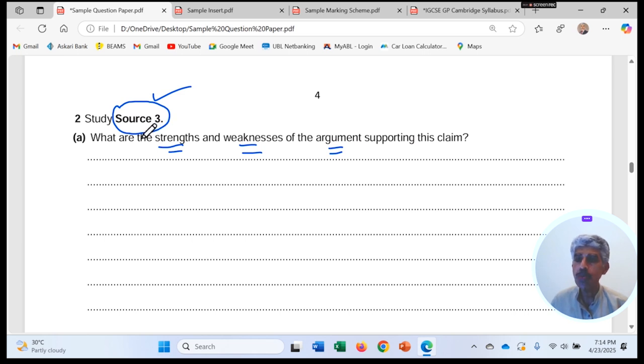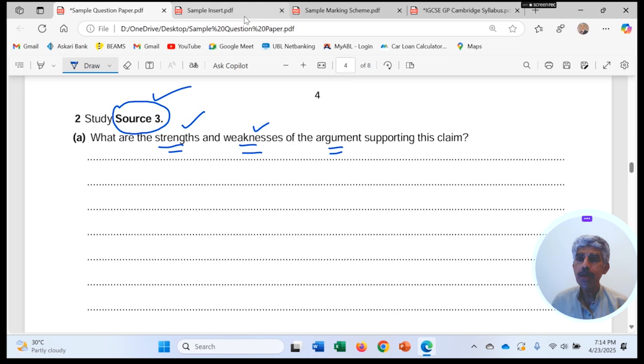So you are not supposed to focus on any other source for attempting the whole of question number 2, whether it is part A or B. You are supposed to stick to source 3. So here you are supposed to talk about the strengths and weaknesses of the argument.